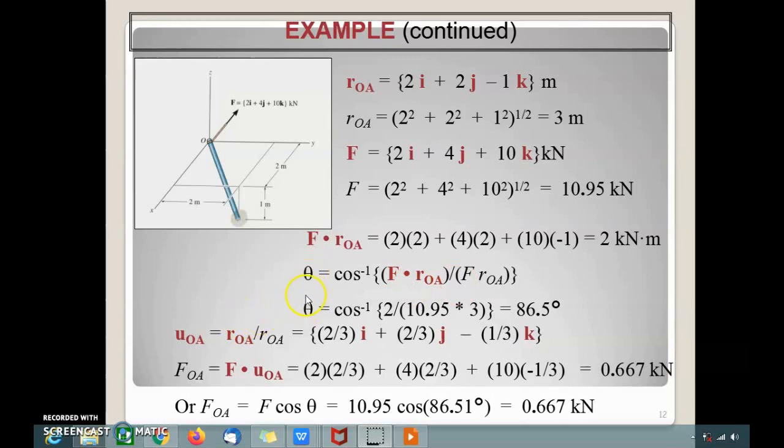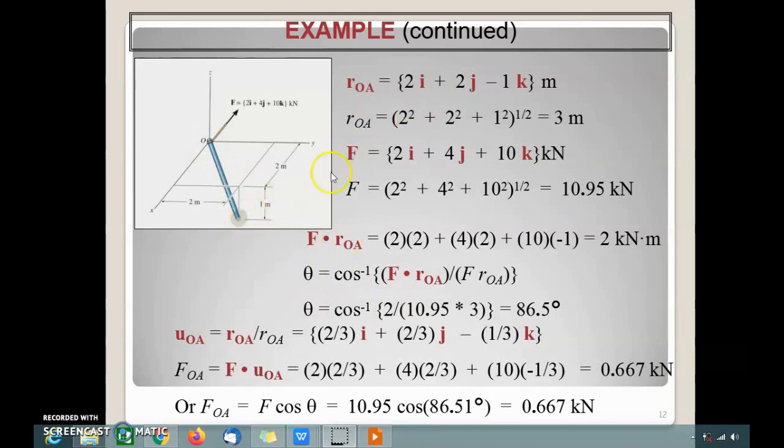Then the question asks you to find the force of the whole system. How much is the force of the whole system? For this problem, you can only get the force in the form of a magnitude or scalar, because we do the operation of dot product.